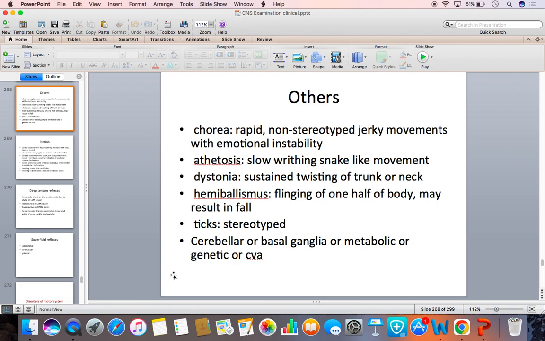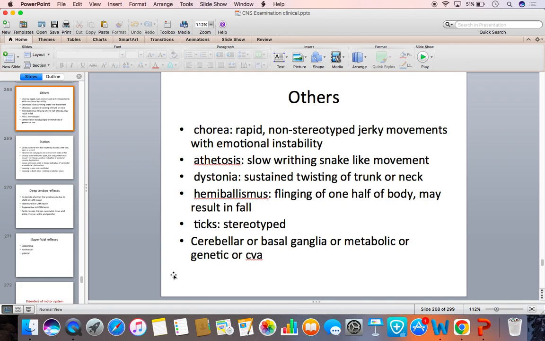Look for other involuntary movements like chorea, which is rapid, non-stereotyped, jerky movements with emotional instability, more common in children with rheumatic fever. Athetosis, slow writhing snake-like movement involving the extremities.